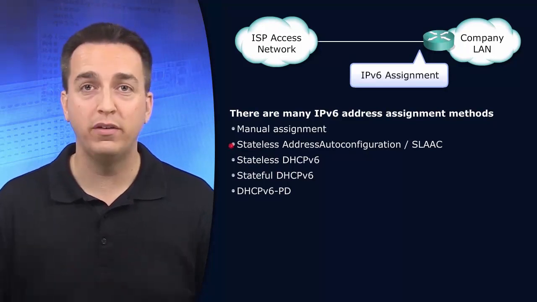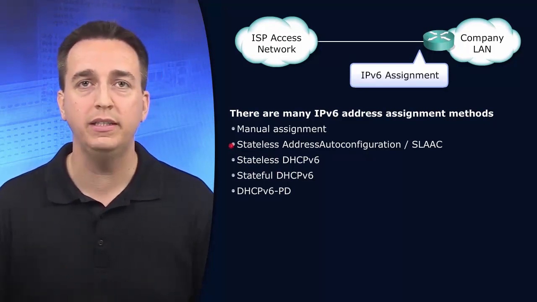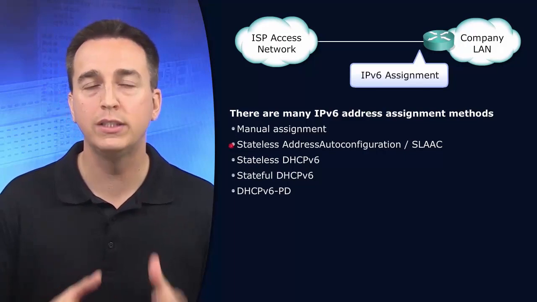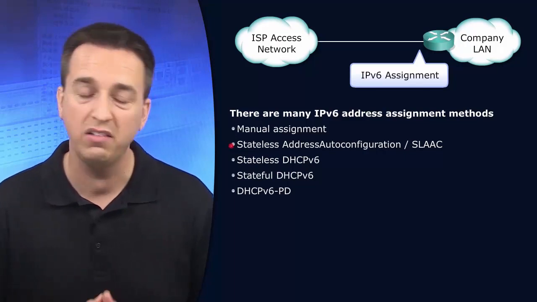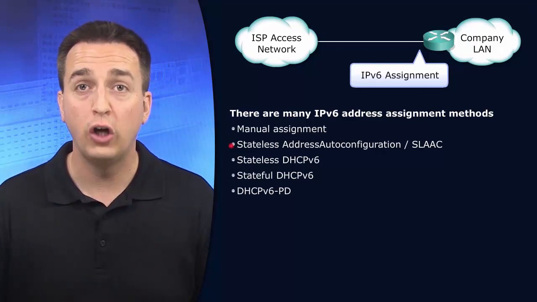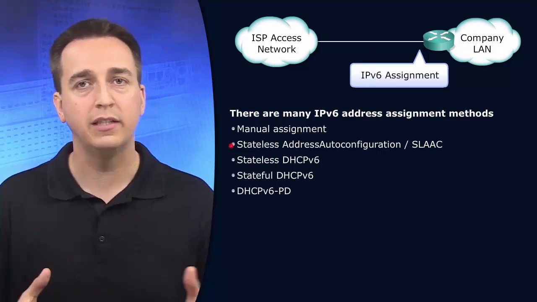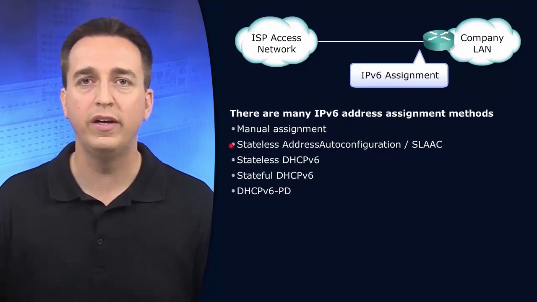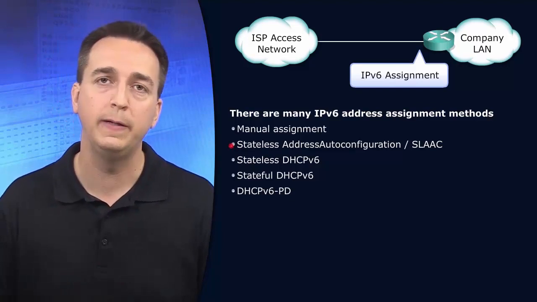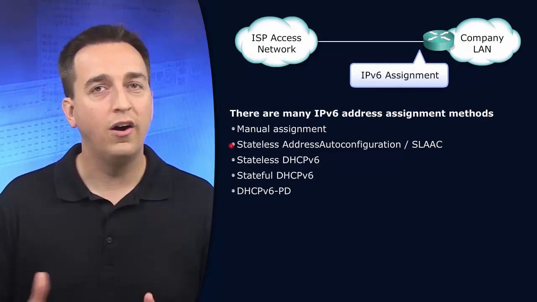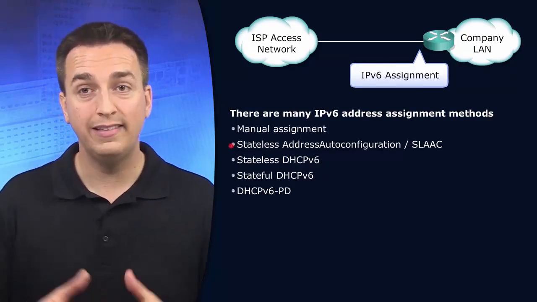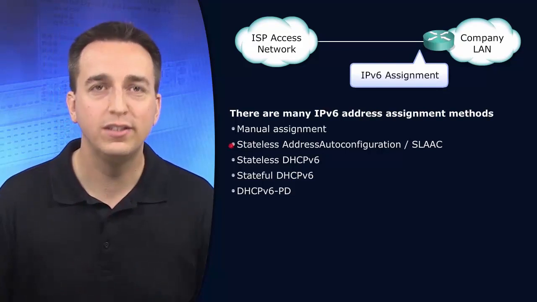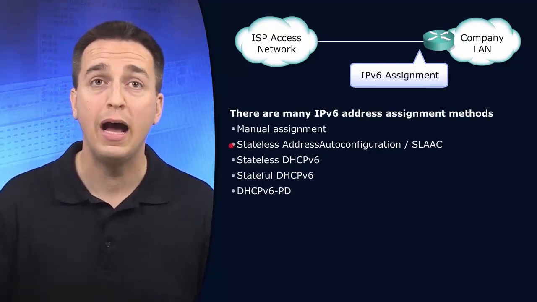Our Windows 7 PCs and Windows 8 PCs are designed to use stateless auto configuration by default, and if they can't determine their IPv6 address using it, then they will venture off to DHCP. However, our router interfaces are not designed by default to use stateless auto configuration. It's something you have to enable.